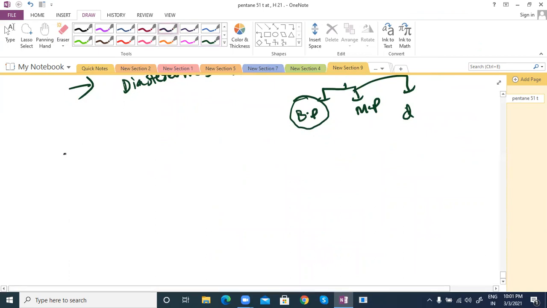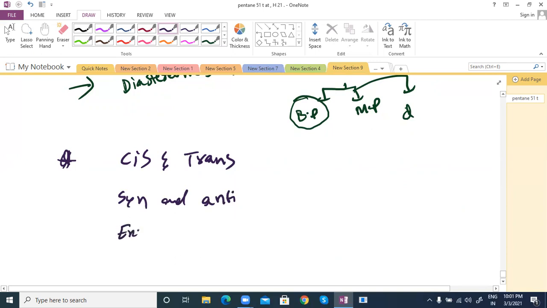Cis and trans are diastereomers. Syn and anti are also diastereomers. Exo and endo are also diastereomers. And E and Z, all these are diastereomers.